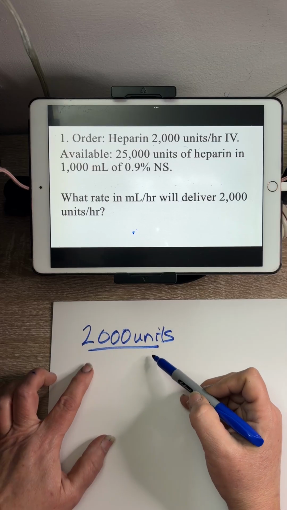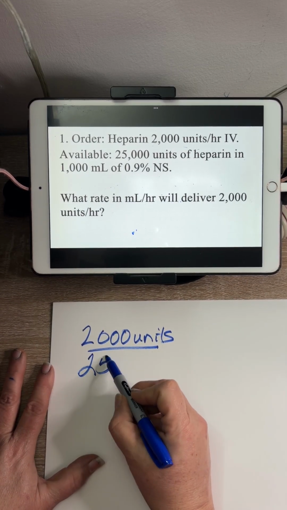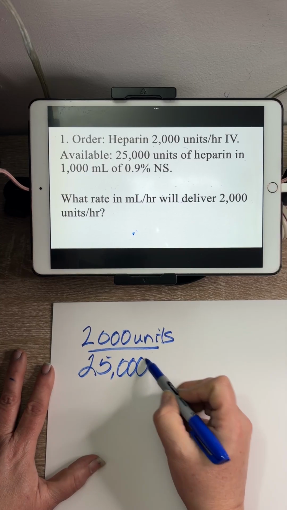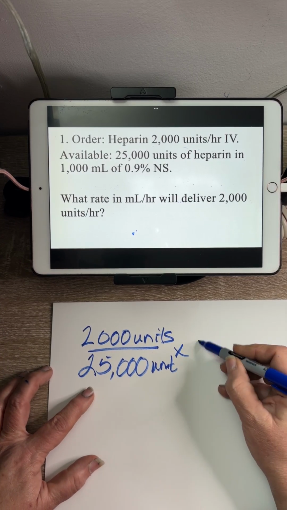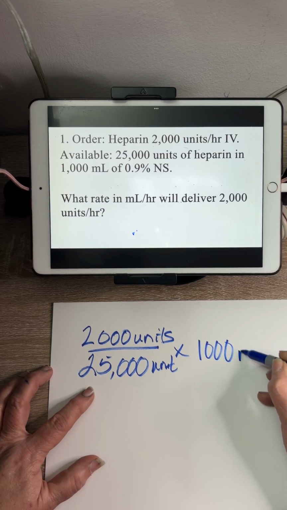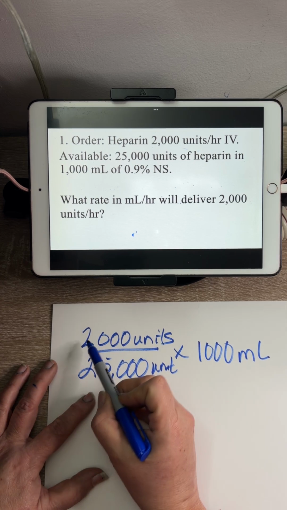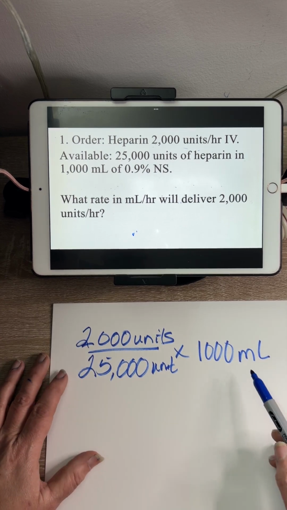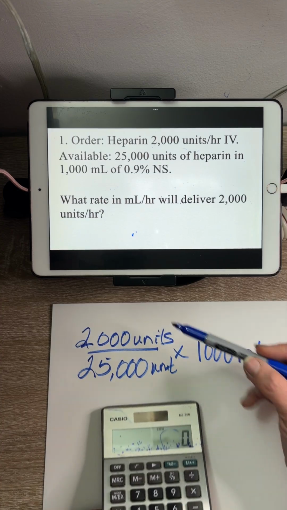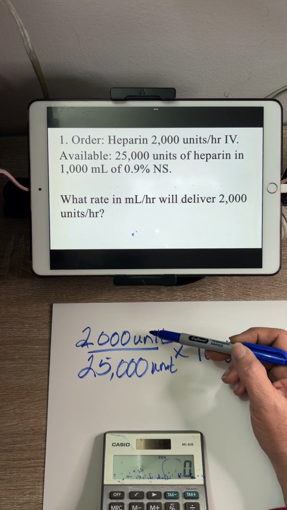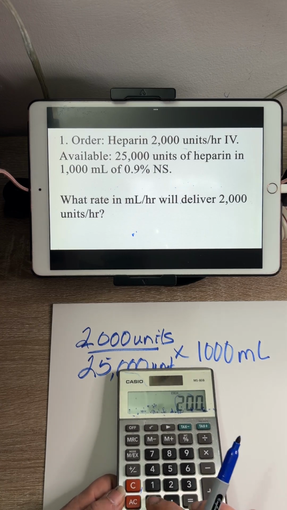Okay? What do I have that's units? We got 25,000 units. I'm going to put that comma. How does the 25,000 come? In 1,000 milliliters. So if they want to see your work, this fraction says 2,000 divided by 25,000, times 1,000.